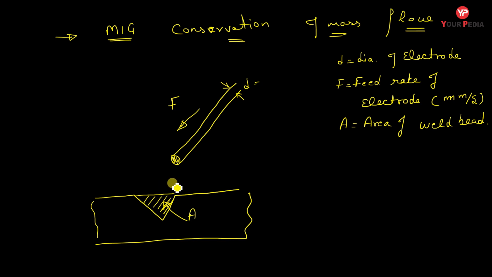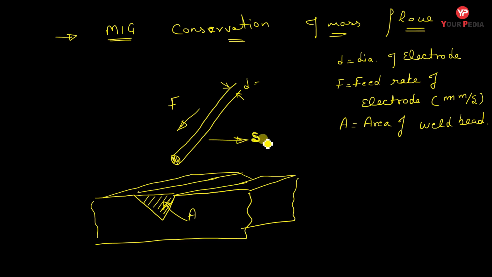We have also seen that, for example, this is the direction of welding, with speed s. With speed s the electrode is moving in this direction along the workpiece, that is in mm per second.